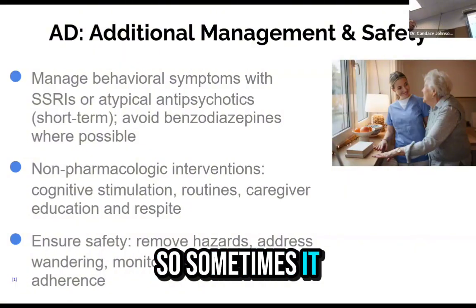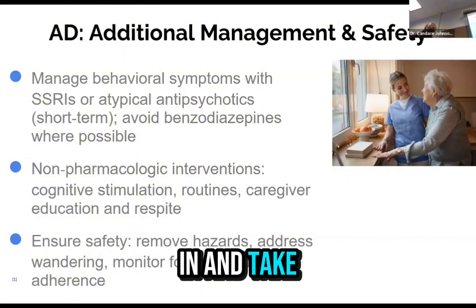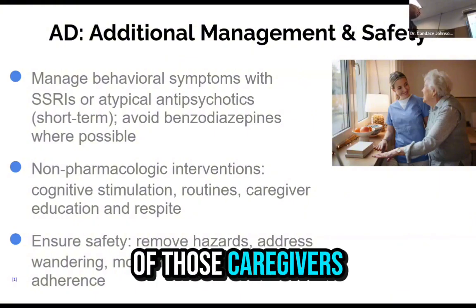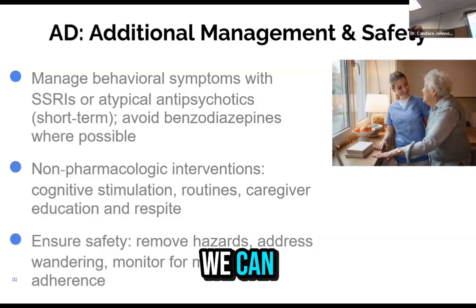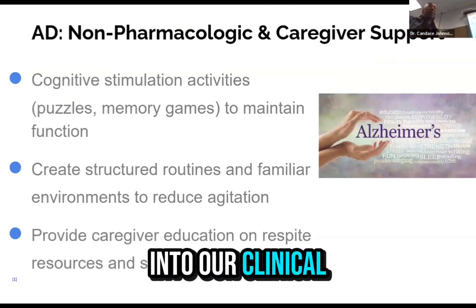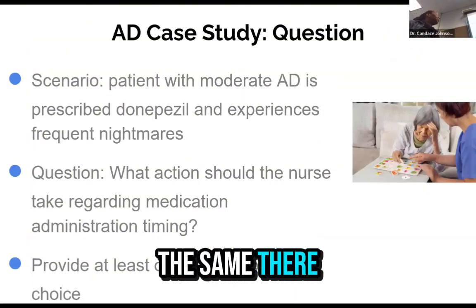So sometimes it comes in the form of letting the caregiver go somewhere while you come in and take care of their patient for a while, or maybe a day or 2 or 3. We've got to take care of those caregivers. And we ensure safety as best we can, both in the home and in clinical environments if they come into our clinical environment. I think there's more of the same there.